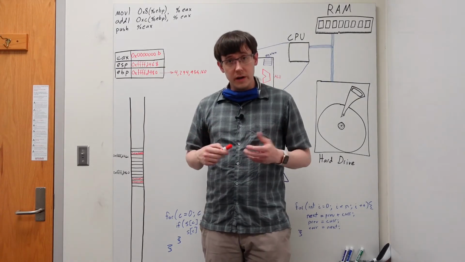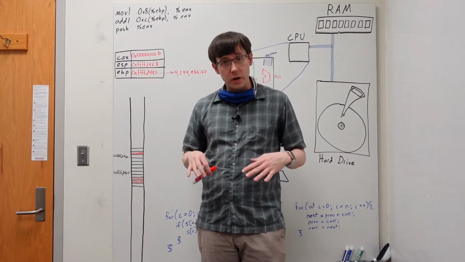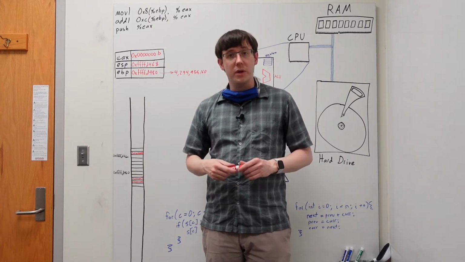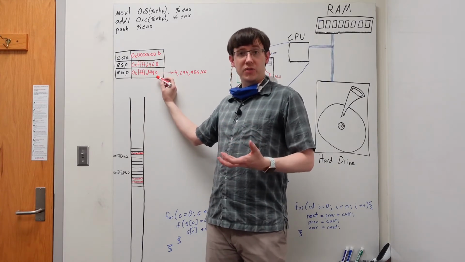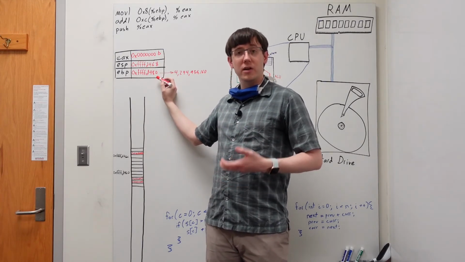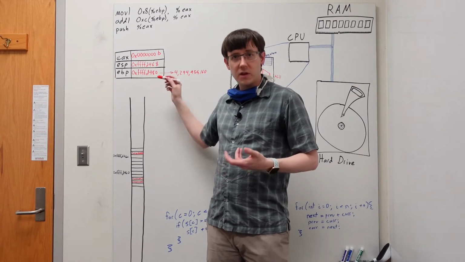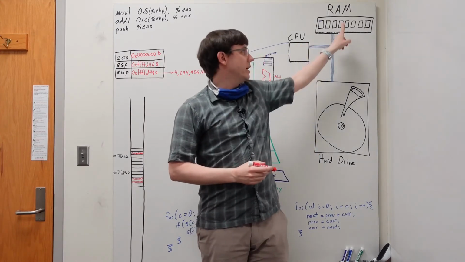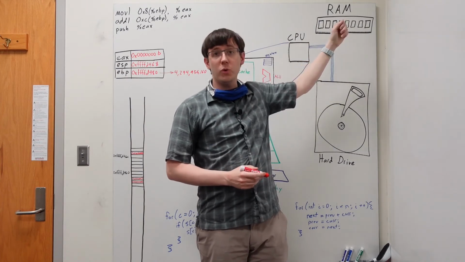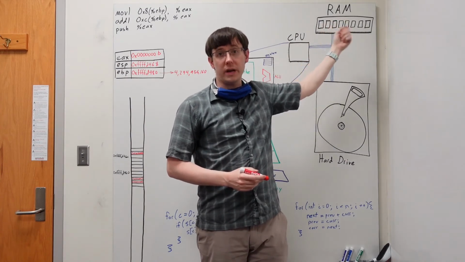So what's going on here is that under the hood, the operating system is translating the addresses that our program is thinking about, which are known as virtual addresses, into physical addresses that actually get sent to the RAM to retrieve or store data.